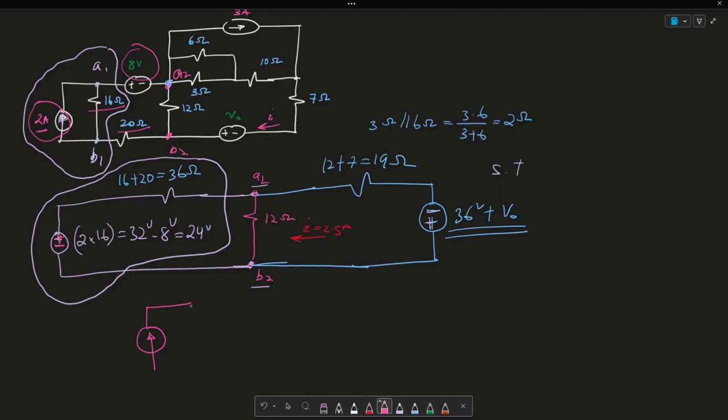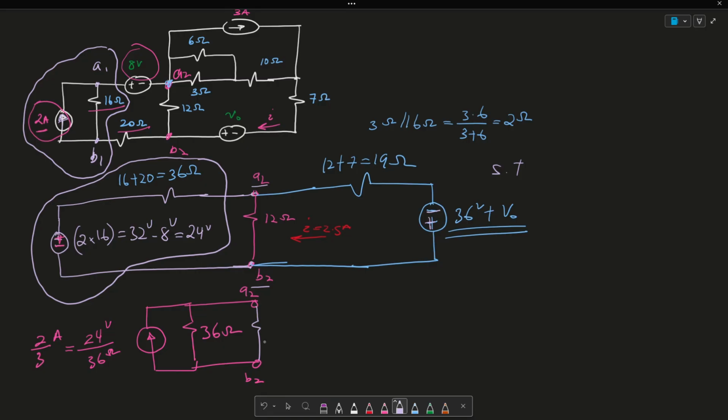So then this is going to be in parallel with a 36 ohm resistor. And then this becomes 24 volts divided by 36 ohms. Then that just becomes 2 over 3 amps. All right. So again, remember, this was A2 and this here is B2.